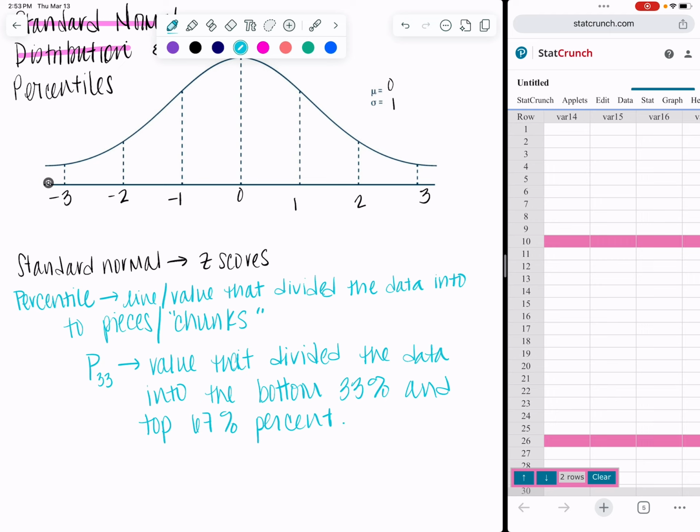So once we found P33, we knew that 33% of the data was below that value, and 67% of the data was above that value.